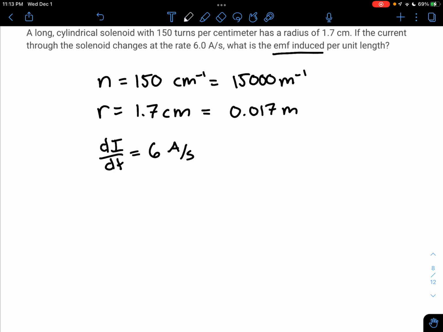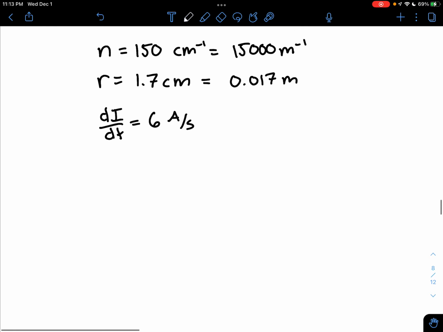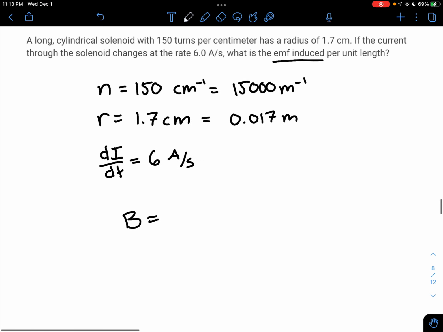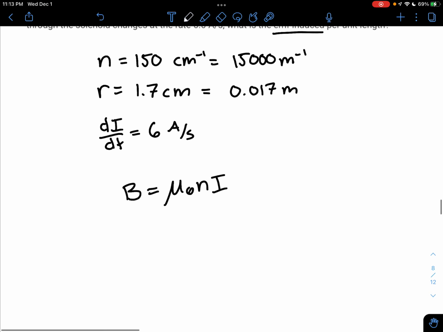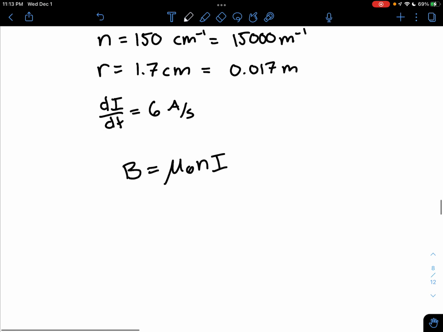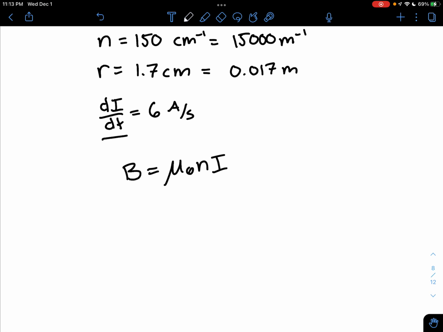So we're going to start with our equation for the magnetic field, because we're trying to find the EMF. We're going to need the flux, and we're going to need the magnetic field. The magnetic field for a solenoid is mu naught n times I. But we don't have I, we have di dt.